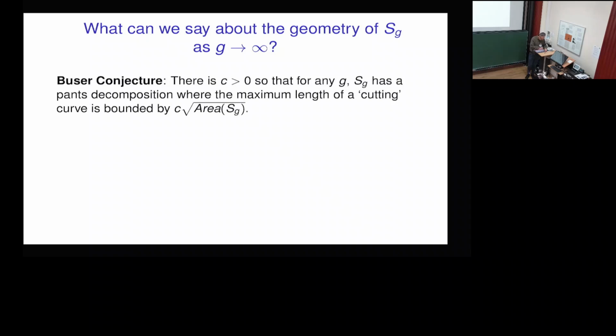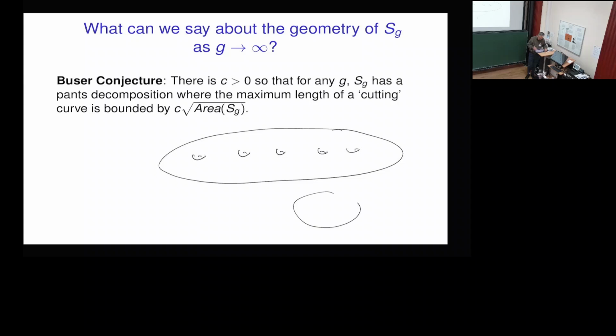So the conjecture is that S_g always, so I remind you what a pants decomposition is. We have a surface, and a pants decomposition is a collection of simple closed curves that decomposes the surface into pairs of pants, so spheres with 3 holes. So you can think of the sphere of pants, I guess.